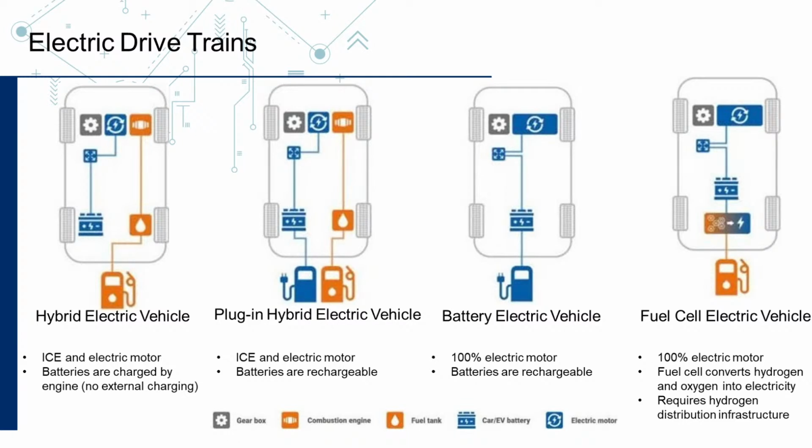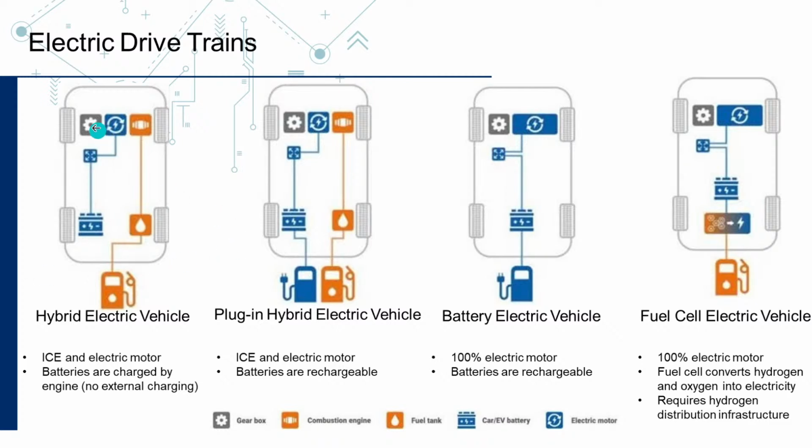This vehicle can operate in electric mode for a certain range before switching to the gasoline engine. They offer the flexibility of running on electricity for shorter trips and using gasoline for longer journeys, resulting in reduced fuel consumption and emissions. So this is the plug-in hybrid electric vehicle.